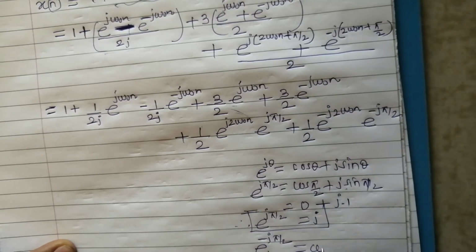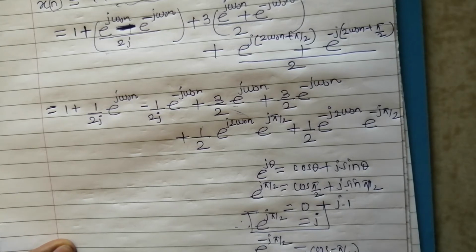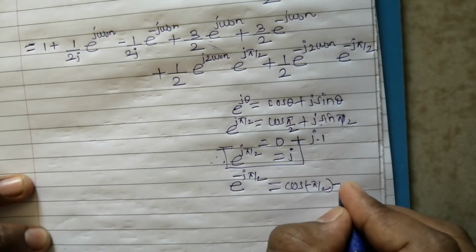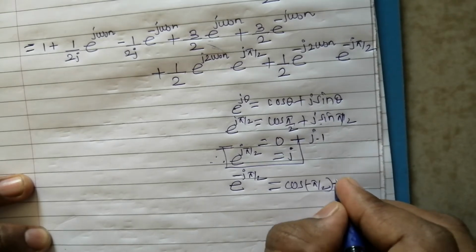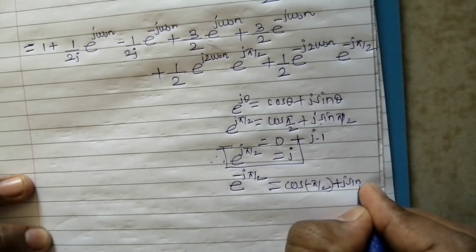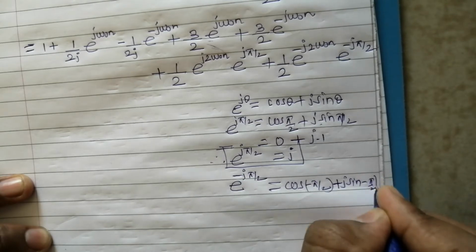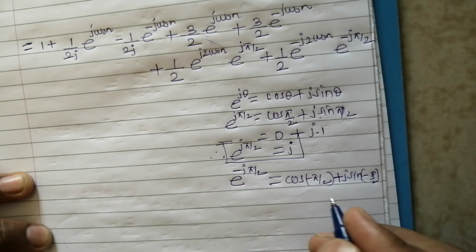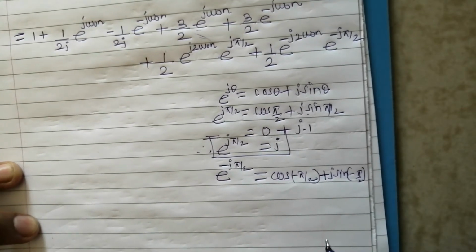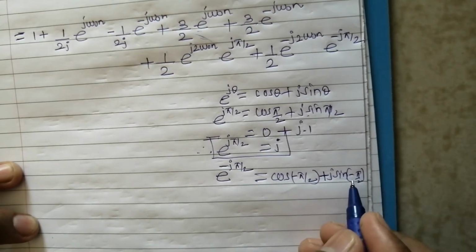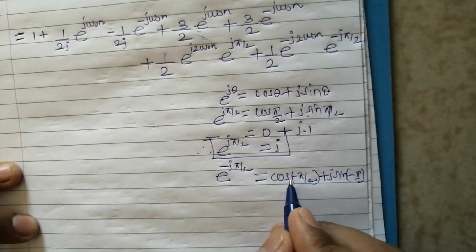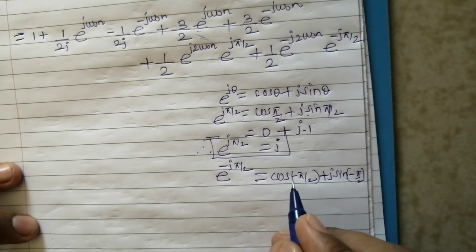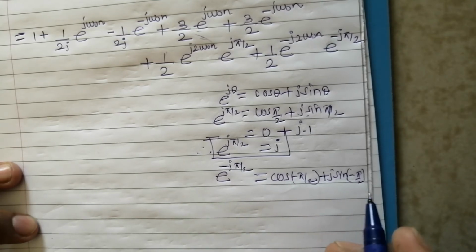So this is again cos minus pi by 2 plus j sine minus pi by 2, right? So cos of minus theta is cos theta, and sine of minus theta is minus sine theta. So this minus sign will come outside, and here it doesn't matter whether it is plus or minus, because cos of minus theta is cos theta.